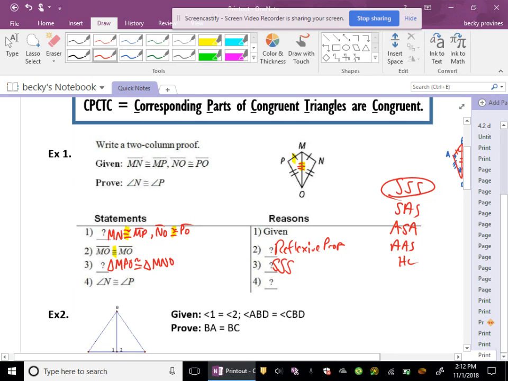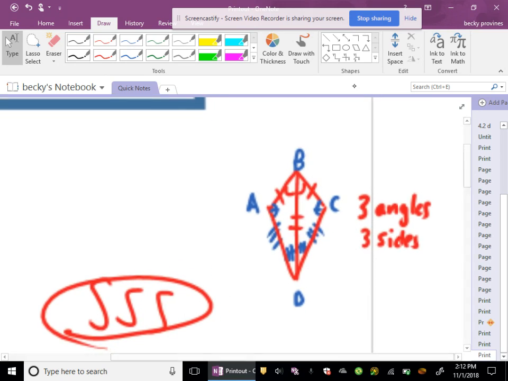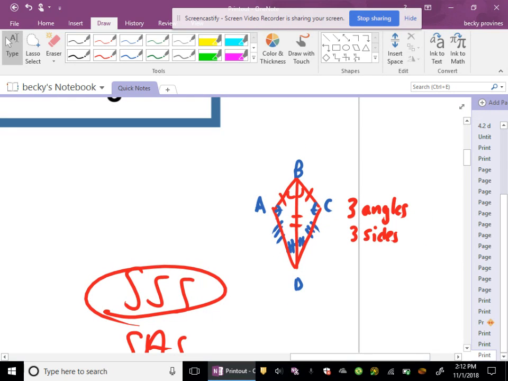Okay, so now it's asking how are P and N congruent? Well, guys, this is the same picture that I drew over here, isn't it? It's the same one. And so remember over here how A and C were technically congruent?